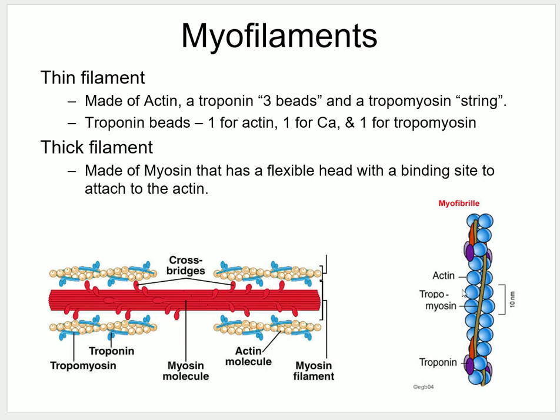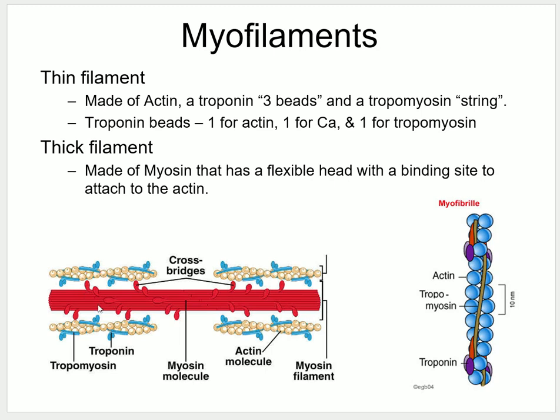Troponin is a 3-bead complex that's in these purple ovals. And then tropomyosin is this yellow-brown string in the middle.